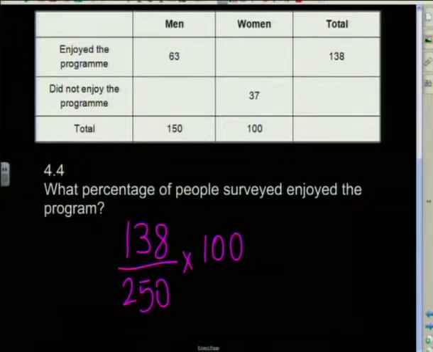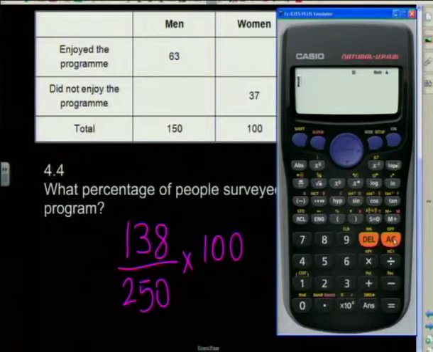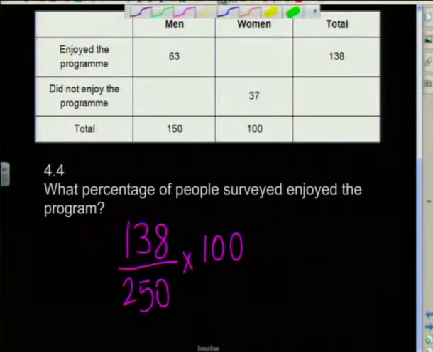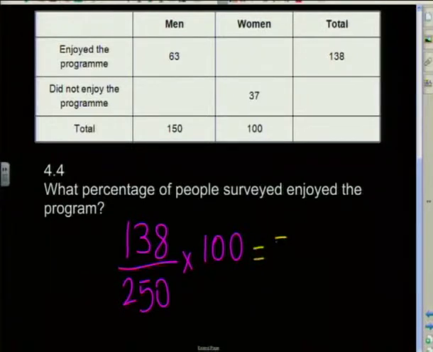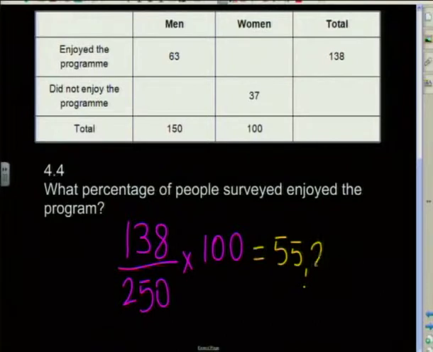So on our calculator, it's 138 people enjoyed the program, and we're going to divide that by 250 and times by 100, and we see that it was 55.2%. 55.2% enjoyed the program. Let's move on to the next part of the question.